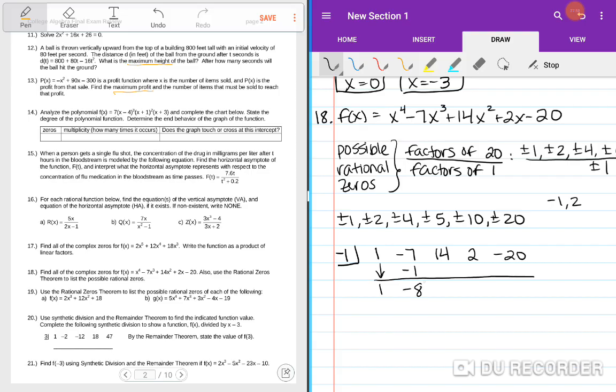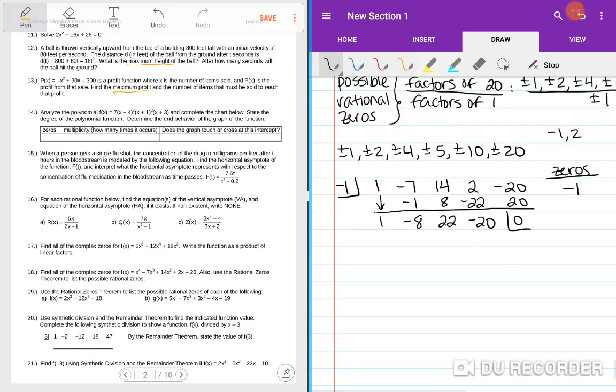When I add, I get -8. Times -1 is 8. Plus 14 is 22. Times -1 is -22. So we get -20 here. Times -1 is 20. And when we add, we get 0. So there's proof that -1 is a zero.